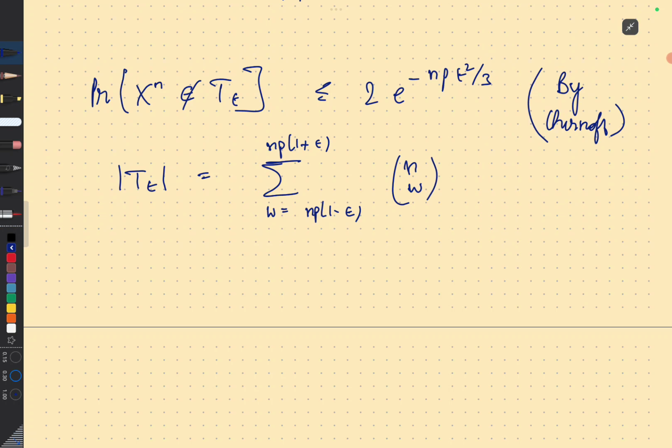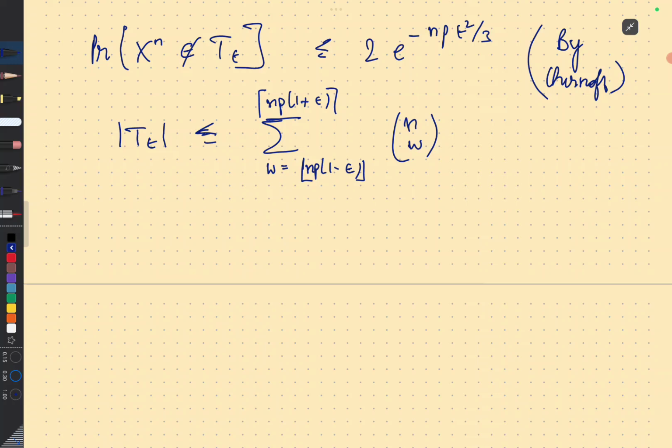I'm going to be a little loose over here, but yes, you're right that it's less than or equal to floor of this up to ceil of this particular quantity.